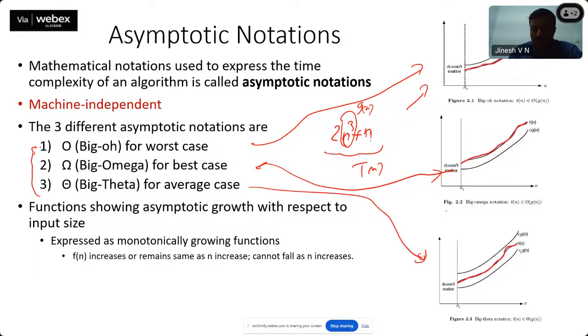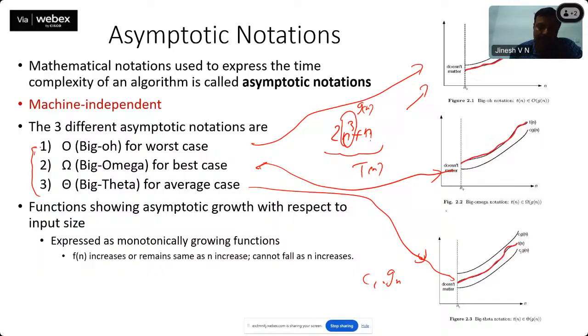If you are able to find two dominant functions from your task function, you may be multiplying with constants, c1 into g of n.